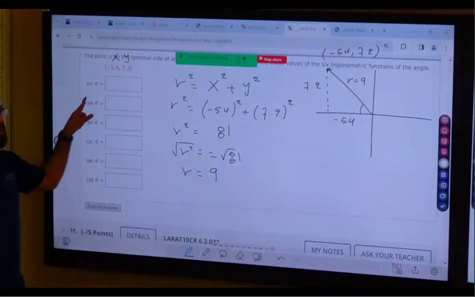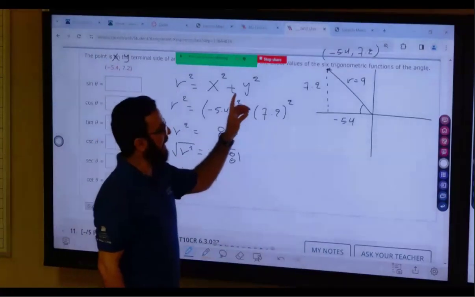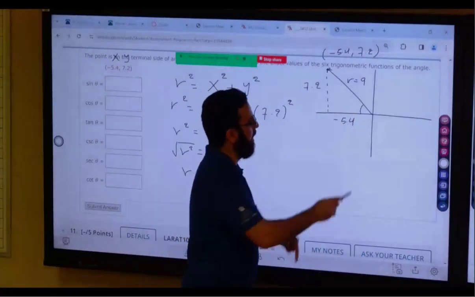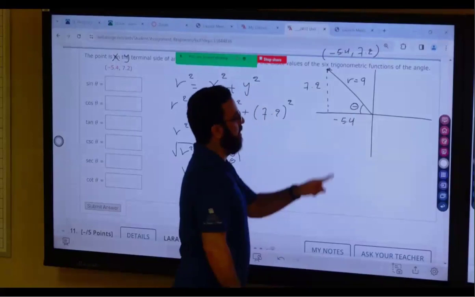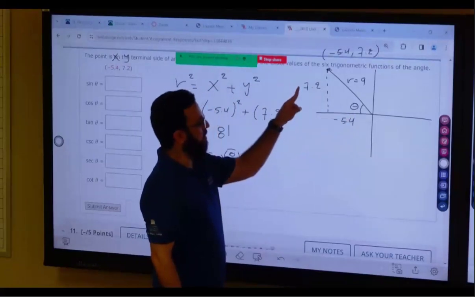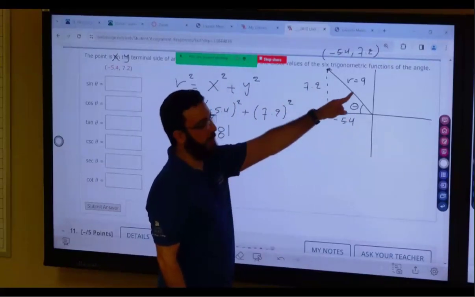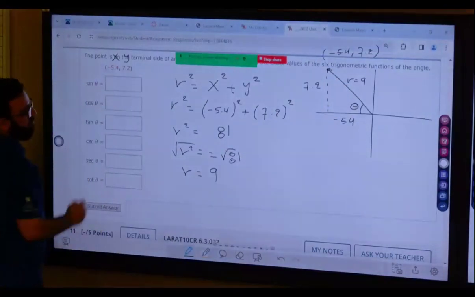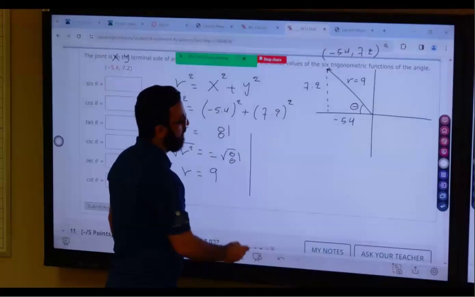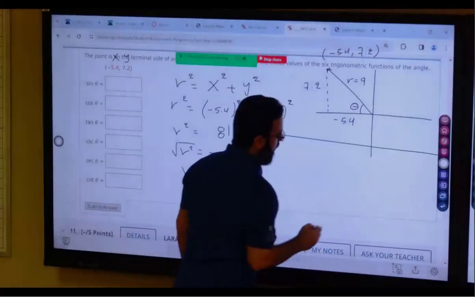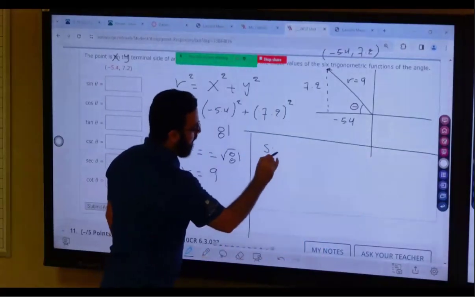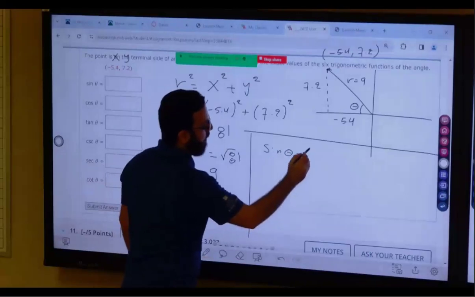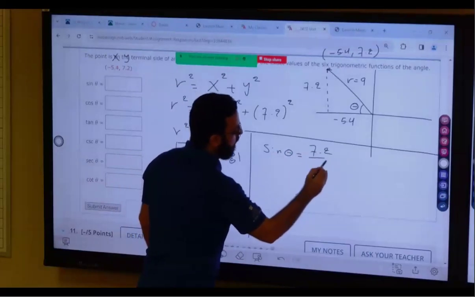Now sine equal what? Here's the theta. Sine theta equal Y over R, 7.2 over 9.